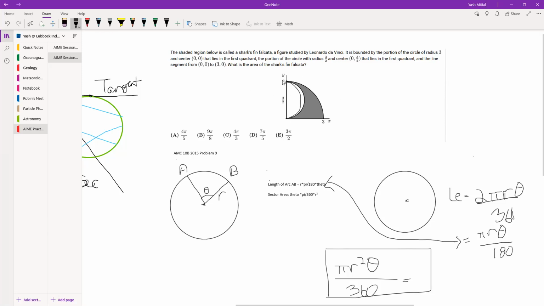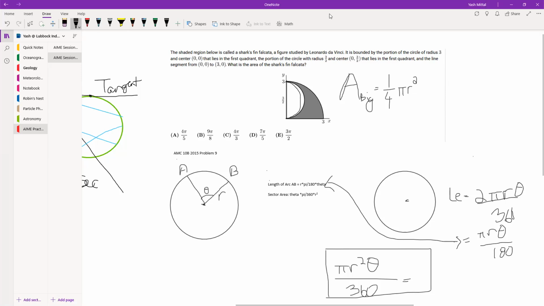And so you can take the big sector and subtract the small one from it. So let's try finding the area of the big sector. We know that this is 1/4 of the entire circle, so it will be 1/4 the area. So it will be 1/4 times pi r squared.